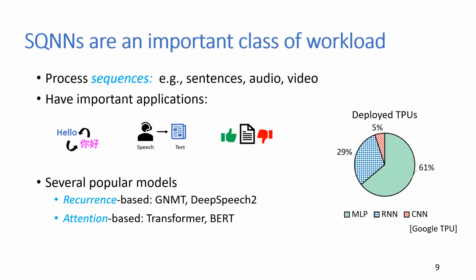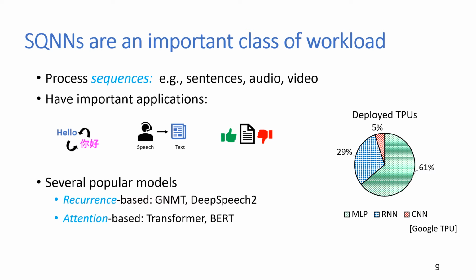Recent work from Google shows that recurrence-based neural networks have a significant contribution to the TPU data center footprint, thus making them an important class of workload to optimize for. In this work, we focus on recurrence-based networks, but the insights we draw and the methodology we propose can apply to attention-based networks as well.